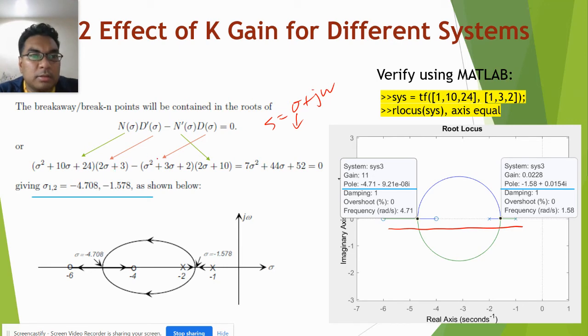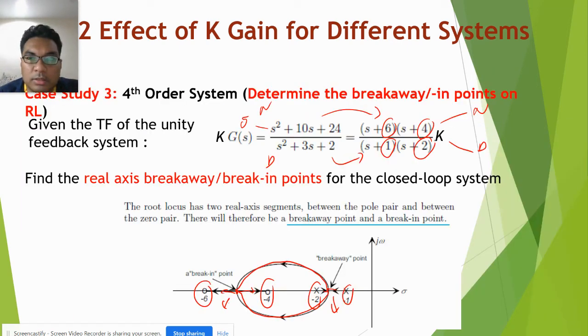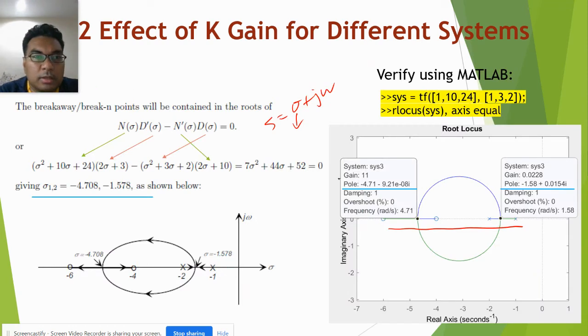Previously you have this value. The differentiation is 2s plus 3, and for this one the differentiation is 2s plus 10. So you can replace here, and then minus the numerator multiplied by the differentiation of the numerator part.